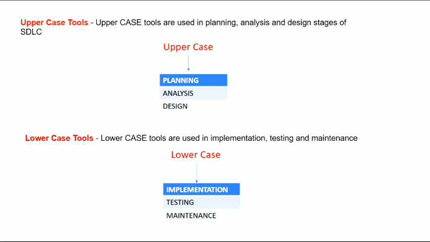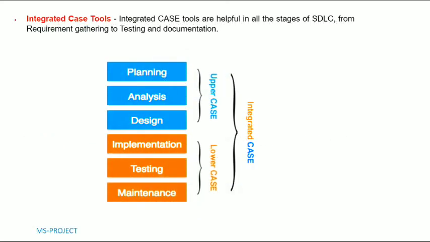And finally, there is a case tool which you call integrated case tools. This integrated case tool integrates whatever you have done using the upper case and whatever you have done with the lower case, all is brought together, and finally the implementation is created. In between, the coding is also added.